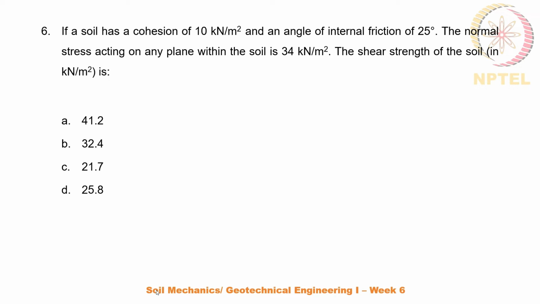The shear strength of the soil is, so we are given cohesion, angle of internal friction, and the normal stress acting on any plane. We are asked to determine shear strength of the soil. Option A 41.2, option B 32.4, option C 21.7, option D 25.8.